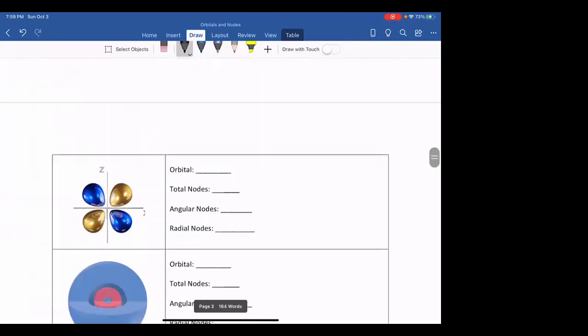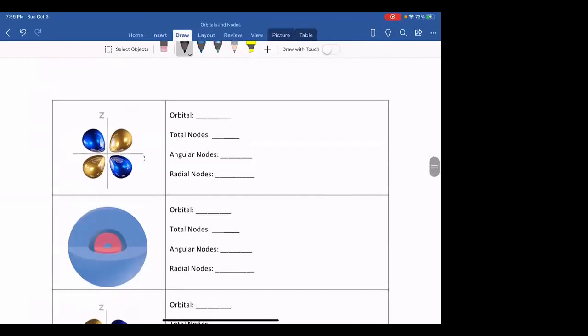On the next page, this is a D because it's a clover leaf, and the 3D is the very first one. Since this is the first one, it has to simply be a 3D. That's all its options are.